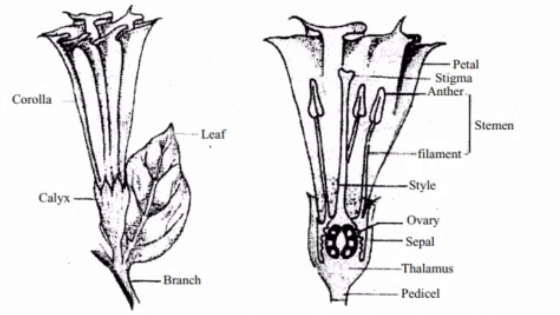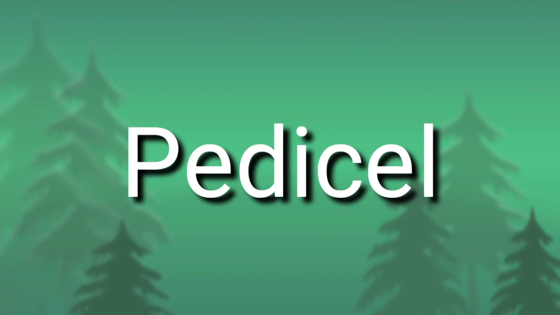Corolla, that means petals. Calyx, that means sepals. Leaf and branch. Here in second image you can see petals, stigma, anther, stamen, filament, style, ovary, sepal, thalamus and pedicel. Pedicel.